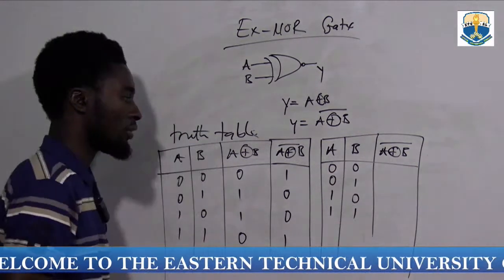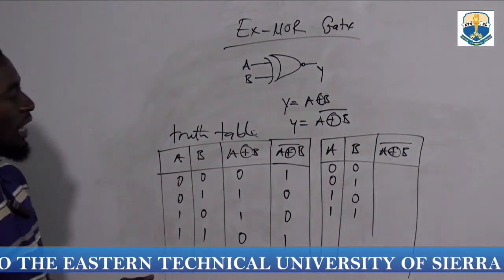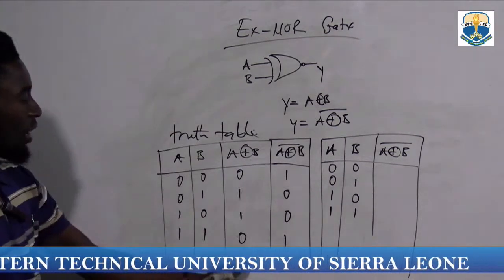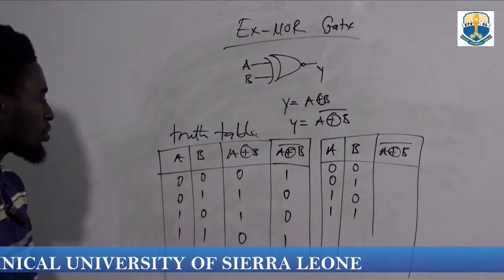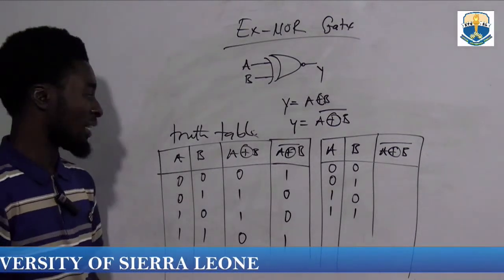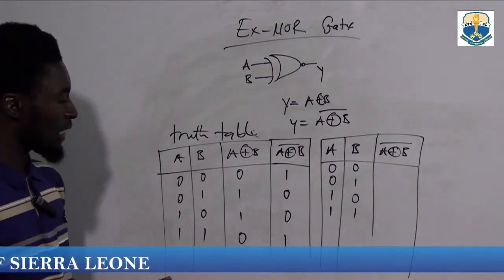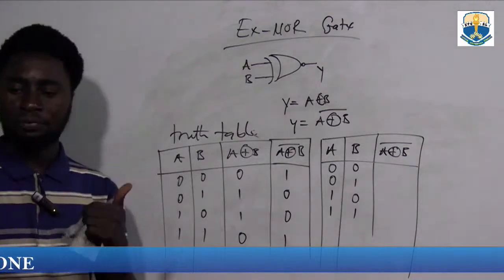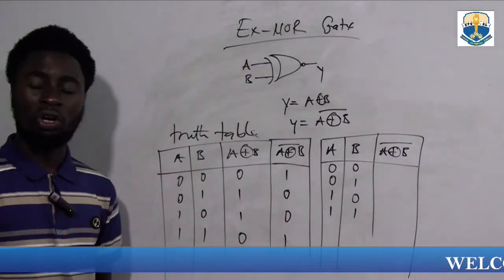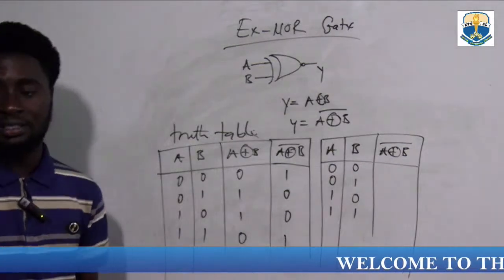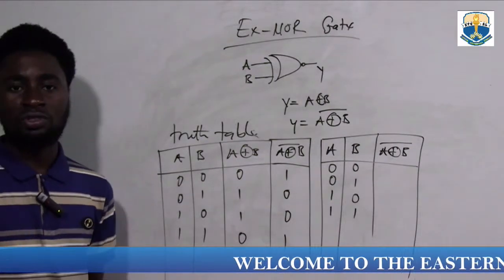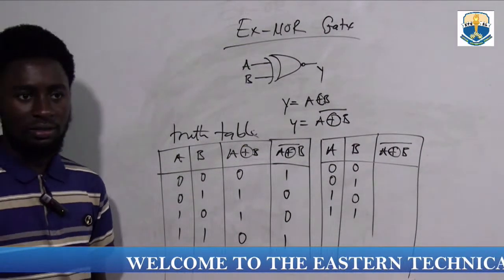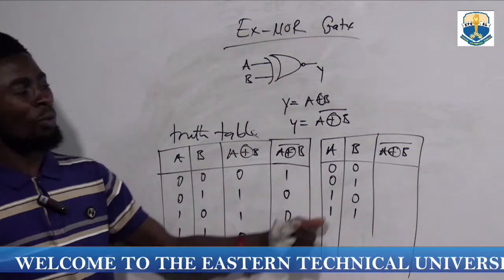Now, for the XOR gate, the output will only be in a very low state when both inputs are the same. This is just the opposite of that statement.